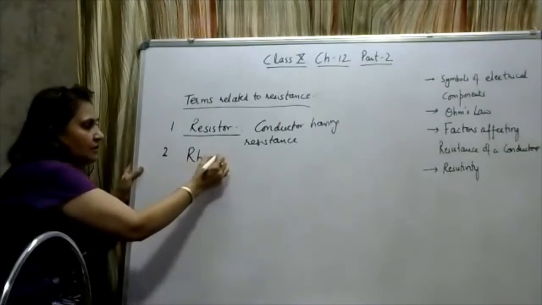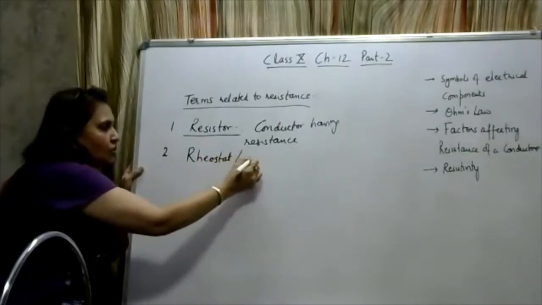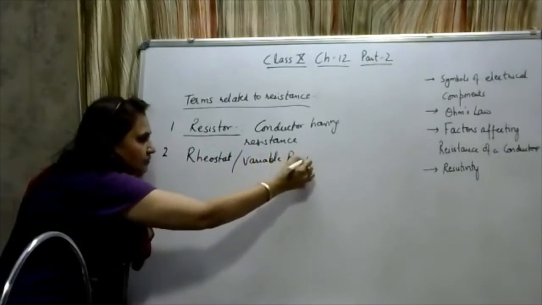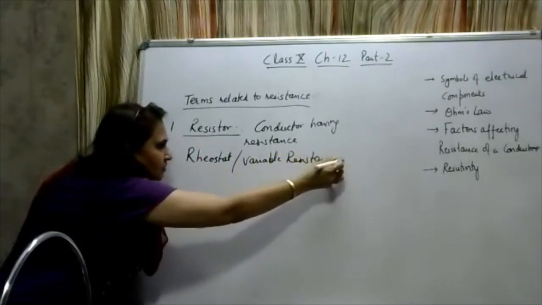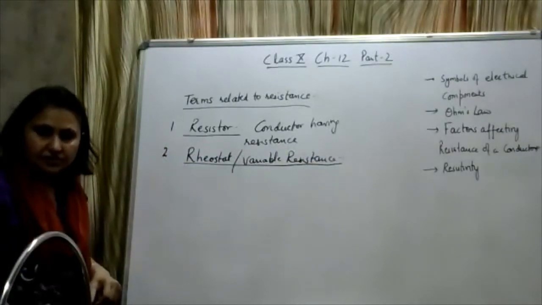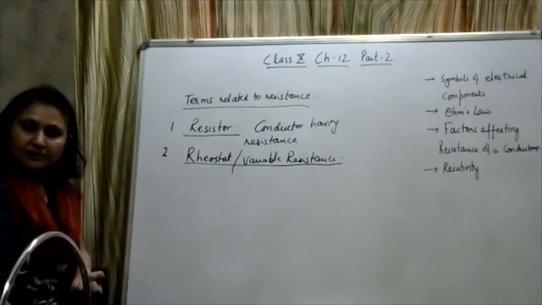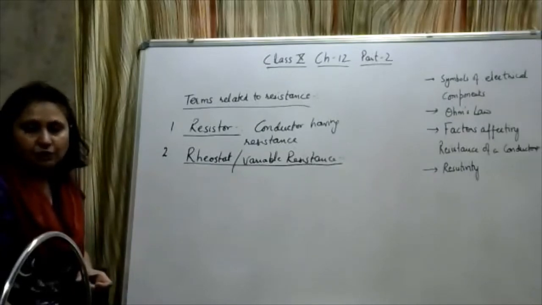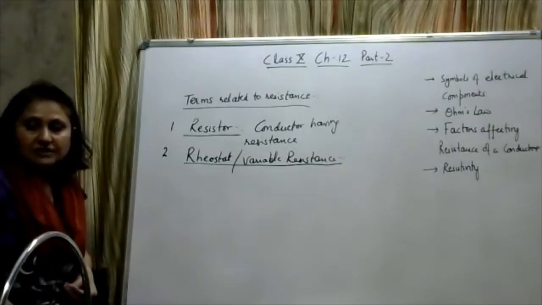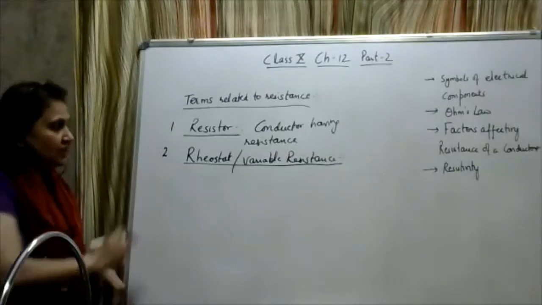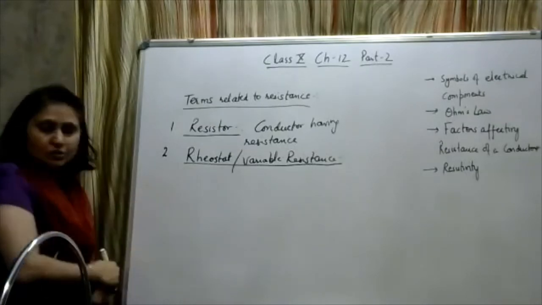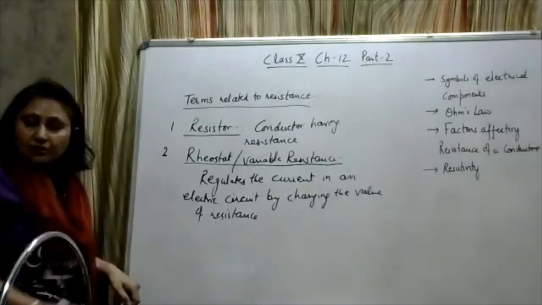Rheostat, which is also called variable resistance. An instrument which will regulate the flow of current in an electrical circuit, that is, which increases or decreases the flow of electric current by changing the resistance, we call a rheostat.